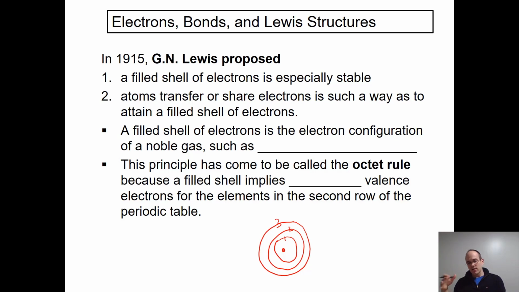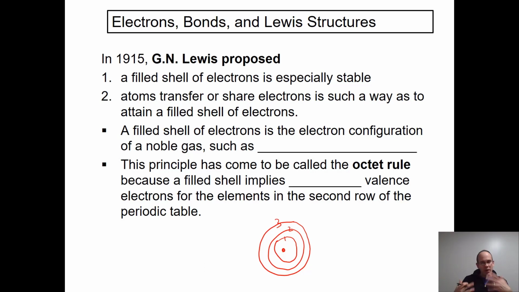And as you fill a shell completely, but don't jump into the next shell, then you hit some extra stability. So atoms will do what they can to get to that stable situation where they have a full shell, not more or less than a full shell.